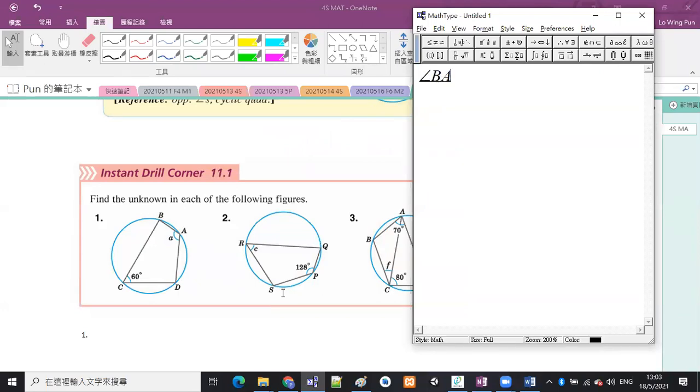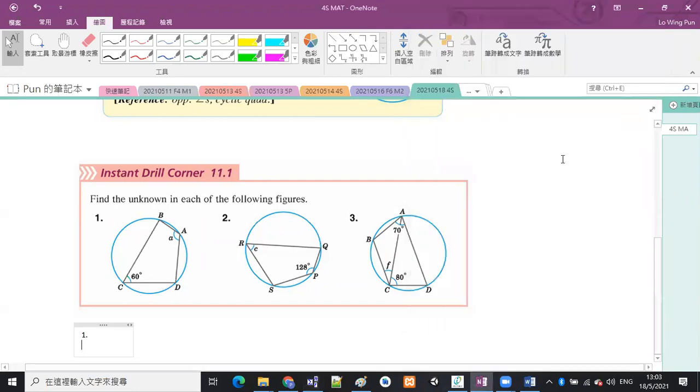So angle BAD plus angle BCD is 180 degrees. So this is opposite angles, cyclic quad. 咁當然你可以唔使寫呢一句，你直接寫 A plus 60 degrees is equal to 180 degrees, but with the reason, and then just calculate the value of A will be okay.